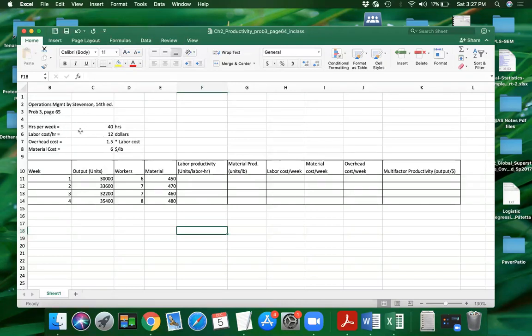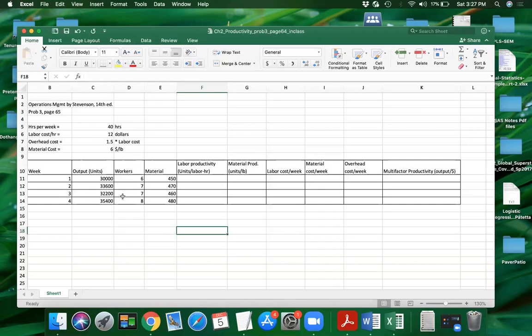We have 40 hours per week for each employee, the working hours. Then we have labor cost per hour equals $12. Then we have overhead cost equals 1.5 times the labor cost per week. Material cost is $6 per LB. We have been given how many chocolates are being produced every week: 30,000 the first week, 33,600 the second week, and henceforth.